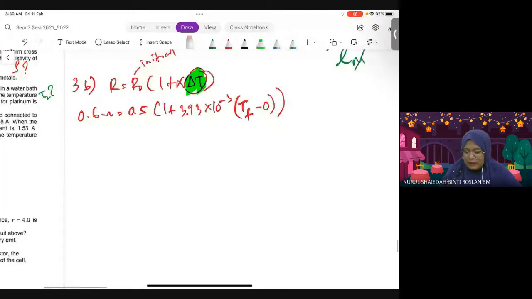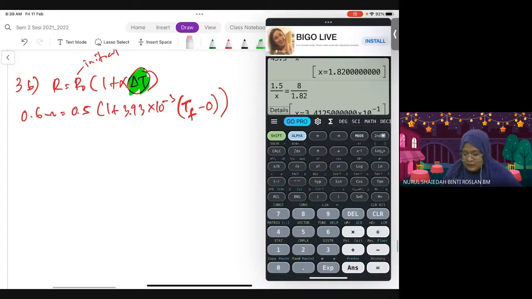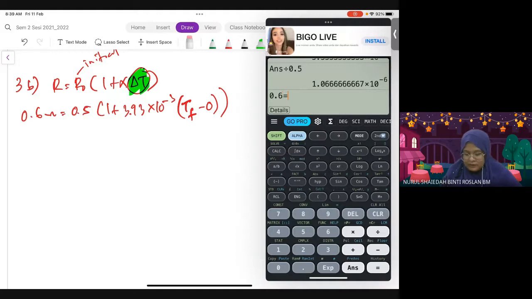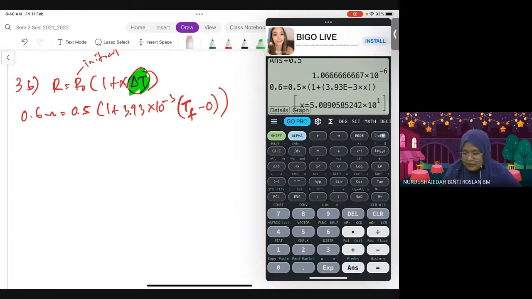Okay, so saya tekanlah calculator. 0.6 tolak 0.5, 1 plus 3.93 power of negative 3 x. Okay, boleh ke ni? Mari kita try. Dapat.